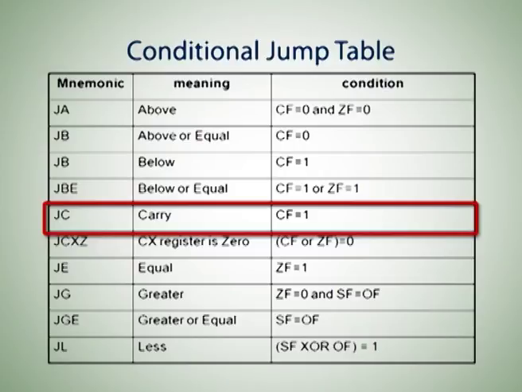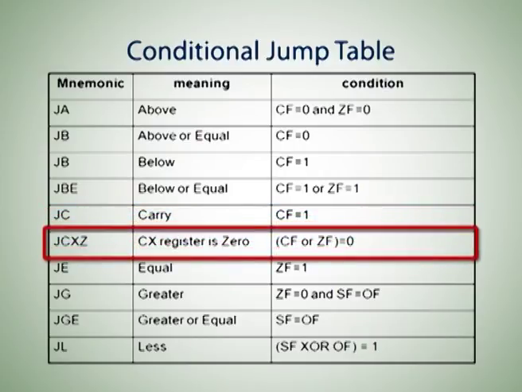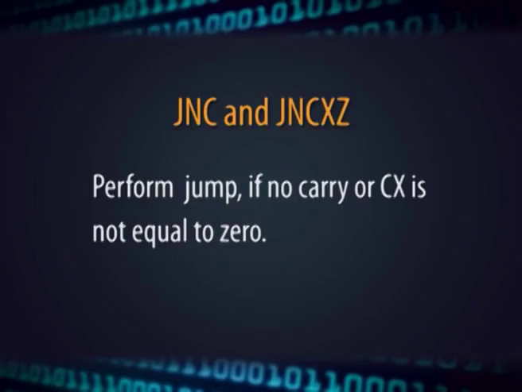Another instruction, JCXZ, performs the jump operation only if the contents of the register CX are 0. The instructions JNC and JNCXZ perform jump if no carry or CX is not equal to 0.